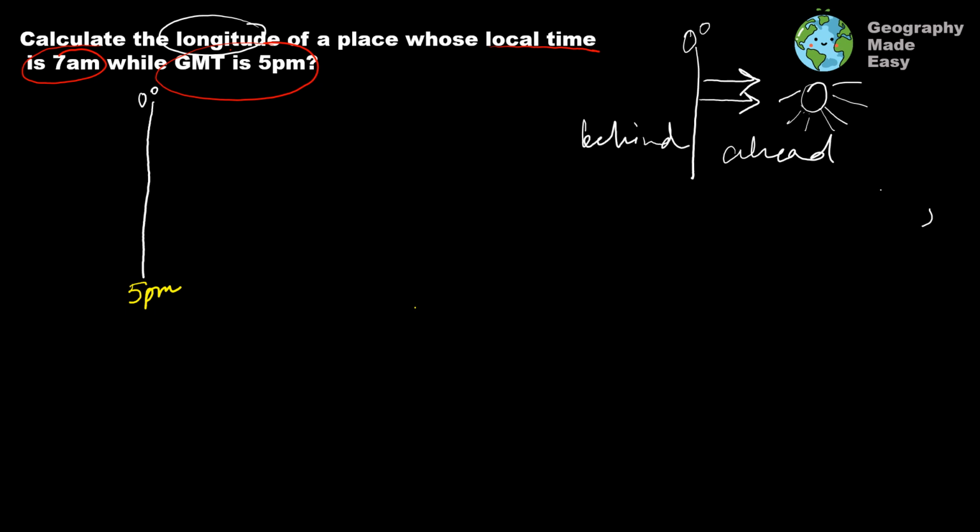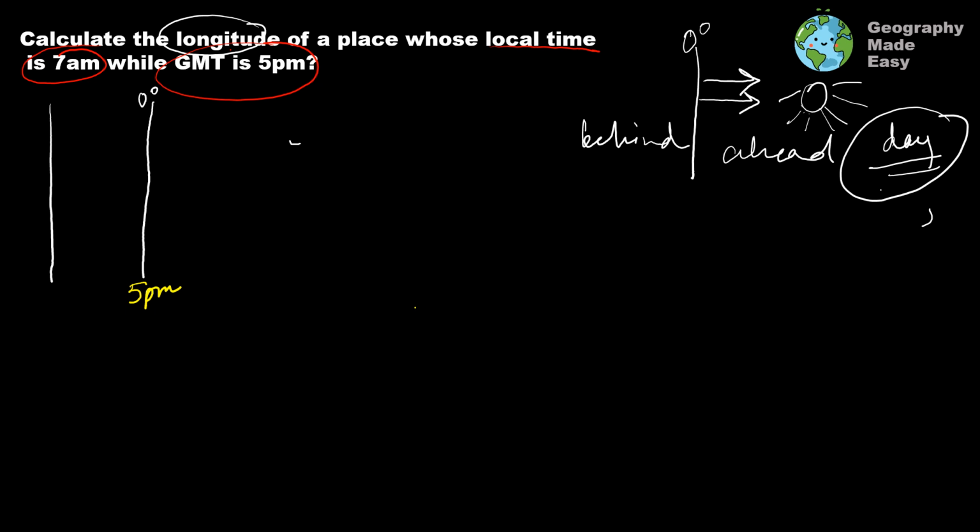Now we can safely assume that it is the same day, and since nothing has been mentioned and let us not complicate our lives, this particular place is experiencing 7 a.m. morning while it is evening in UK. So it is somewhere in the western hemisphere.